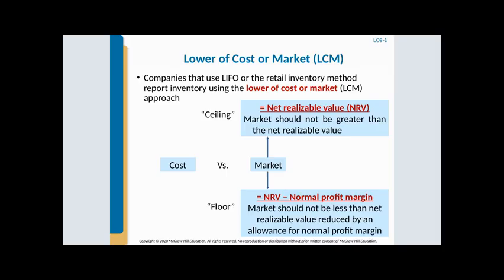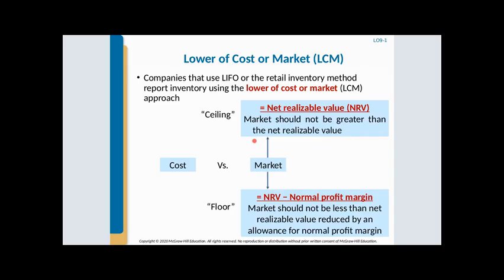The ceiling is defined as the net realizable value, so it's our selling price less any costs associated with selling that product, direct costs, that is. And then our floor is the net realizable value less a normal profit margin for that product.